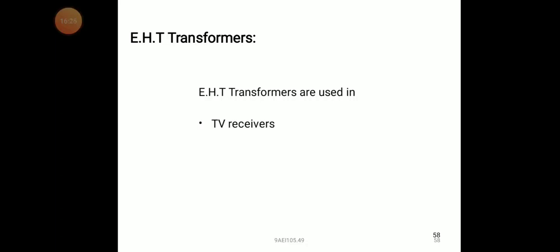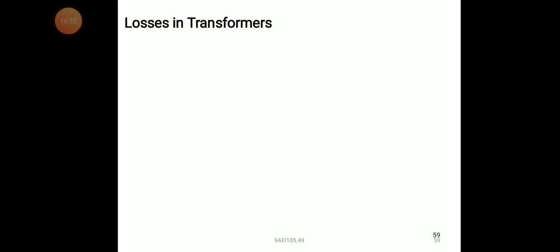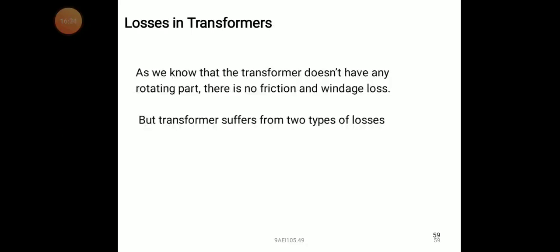Now we try to discuss the next topic, that is the losses in transformers. What are the losses in transformers? As we know, the transformer does not have any rotating part.